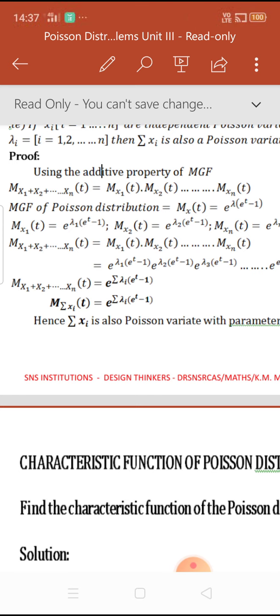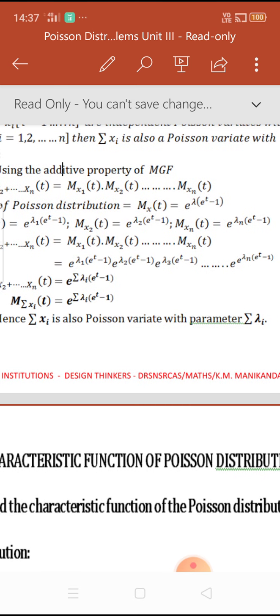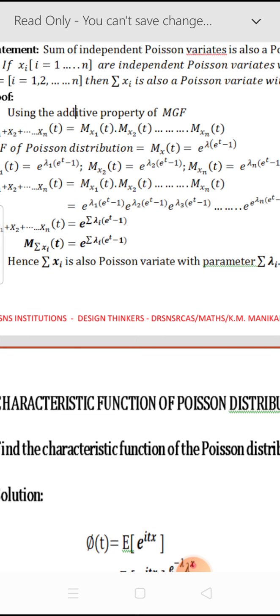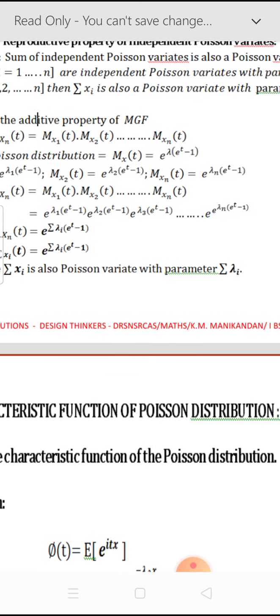Similarly the moment generating function of xn, mxn of t, is equal to e power lambda n into e power t minus 1. Substituting in the above formula, mx1 of t is replaced by e power lambda 1 into e power t minus 1, mx2 of t by e power lambda 2 into e power t minus 1, etc., and mxn of t by e power lambda n into e power t minus 1.